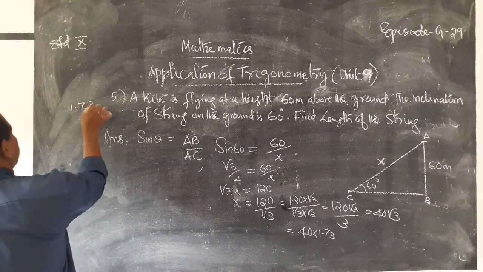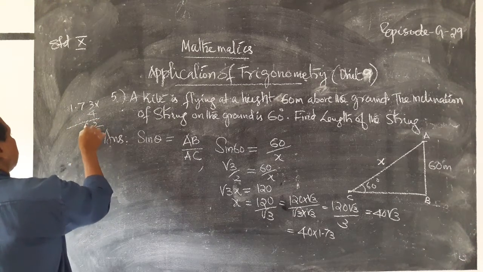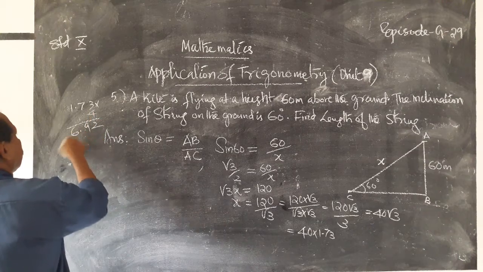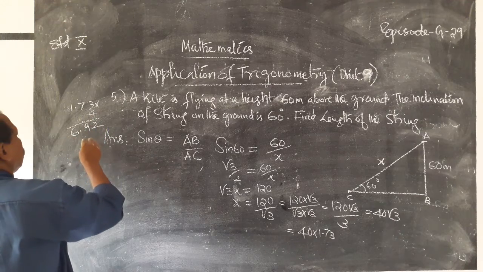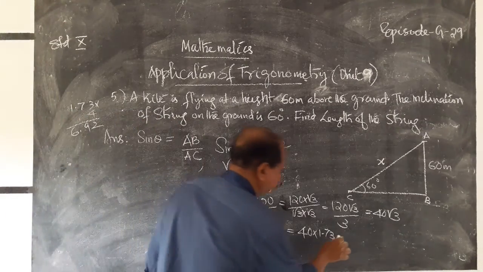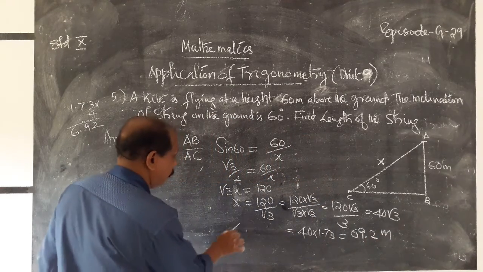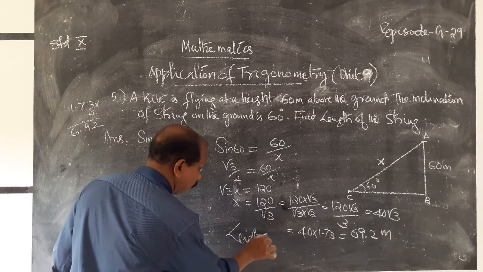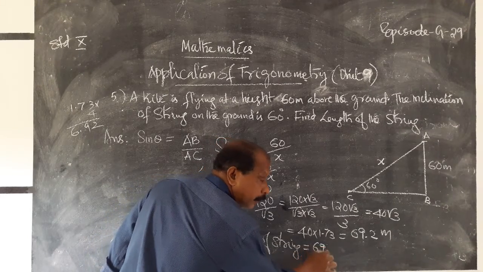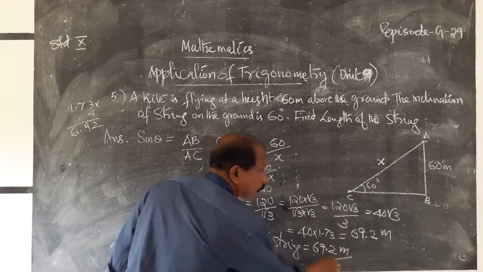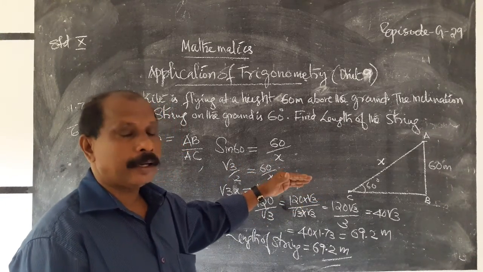That is 1.73 into 4, that means 69.2 meter. Therefore, the length of the string is equal to 69.2 meter.